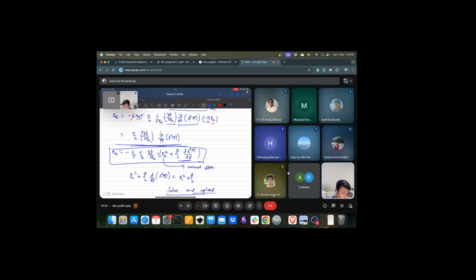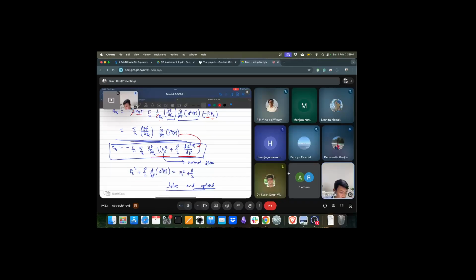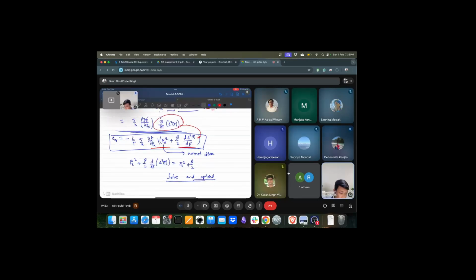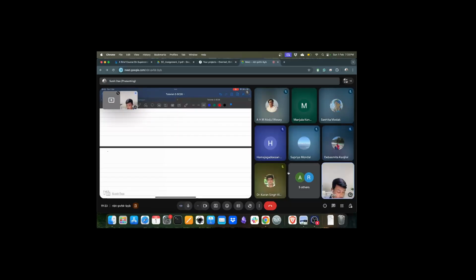So this part is the superconducting part, and this part is for the normal electrons. Actually this we can convert to this. I'll derive this and upload it. From this part you will not get this whole part. So this was for the normal state and this was for the superconducting state. Sorry for this.